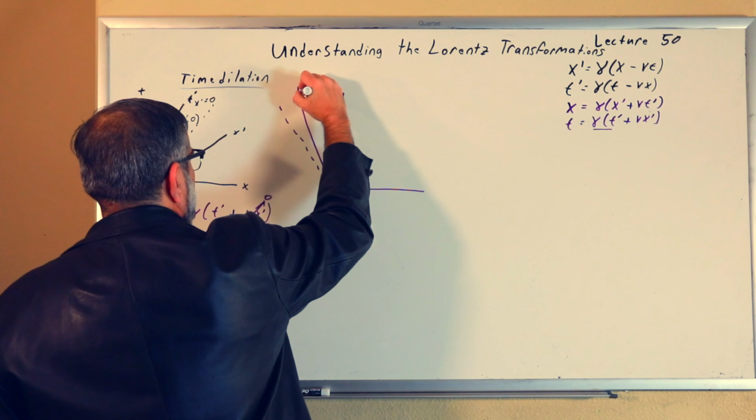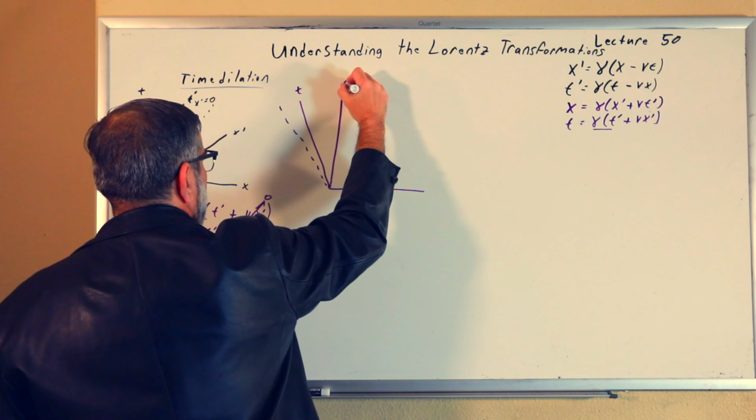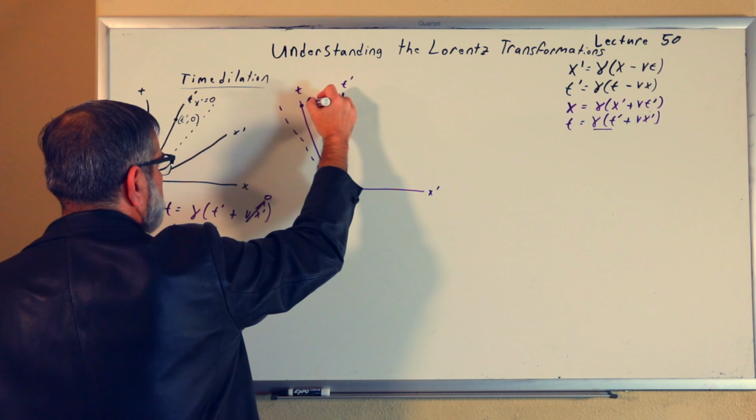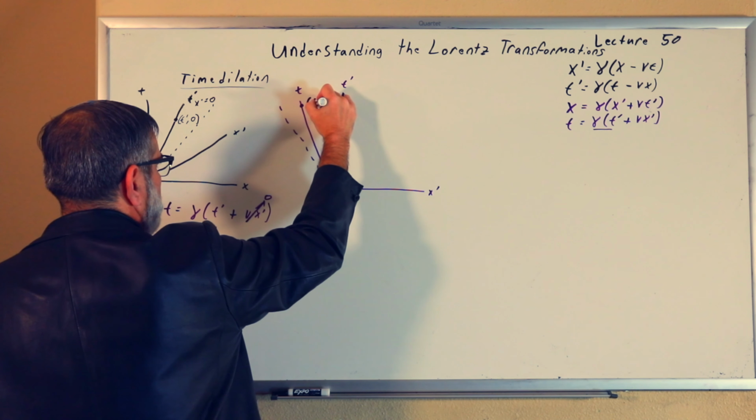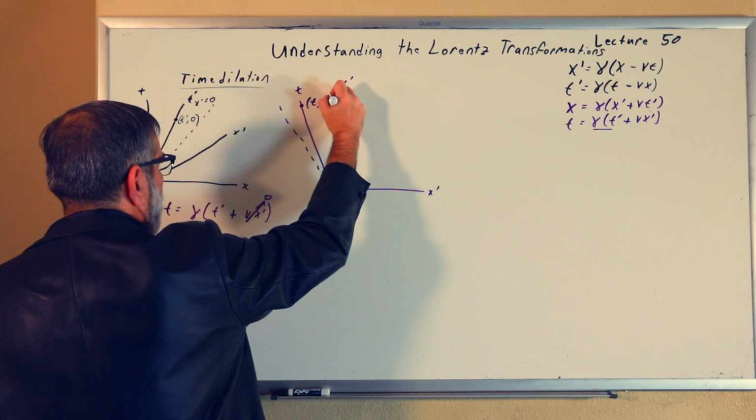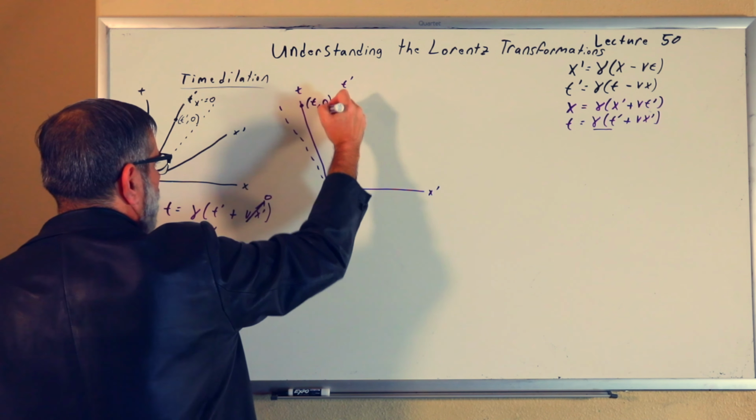Here would be the t axis, call this t prime, this x prime, okay? And then we put a point right there, and we would say this occurs at t equals some t value, and x is equal to 0 all along there. So we have this value. We would then use this equation, and we come up with the same result. We get t prime equals gamma t.